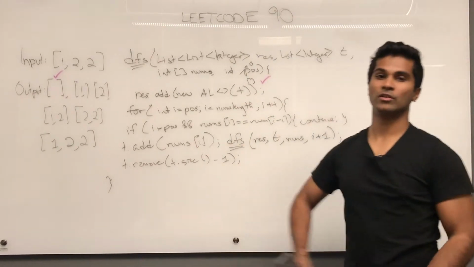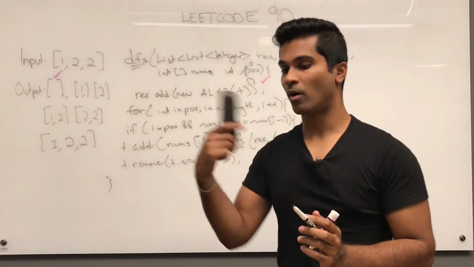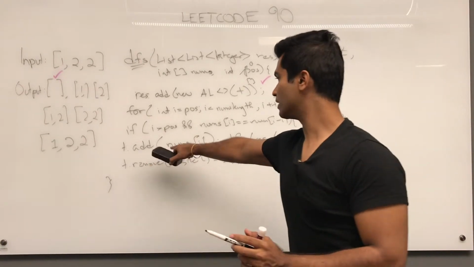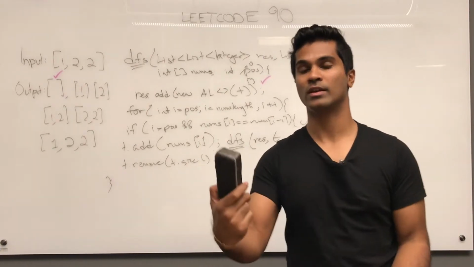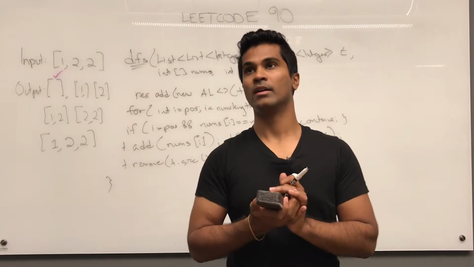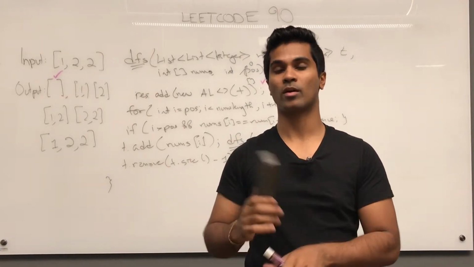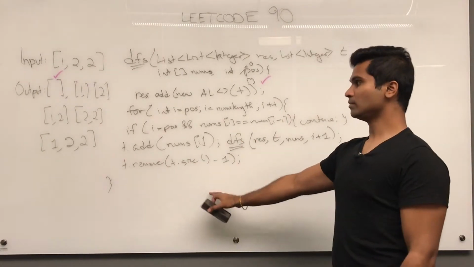Now that's the general backtracking, is you add something to your list, you recursively call that, including it in your function. Then once that returns, you remove the thing that you added at the very end. Even for famous problems like n-queens, that's the idea of how backtracking works.